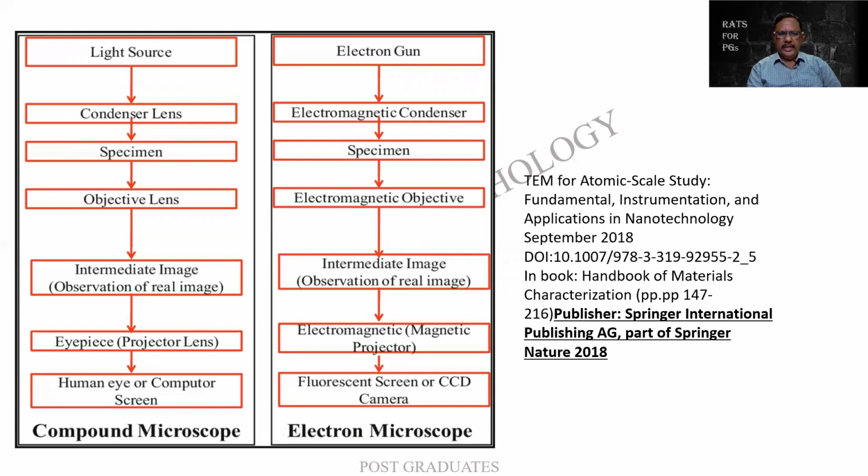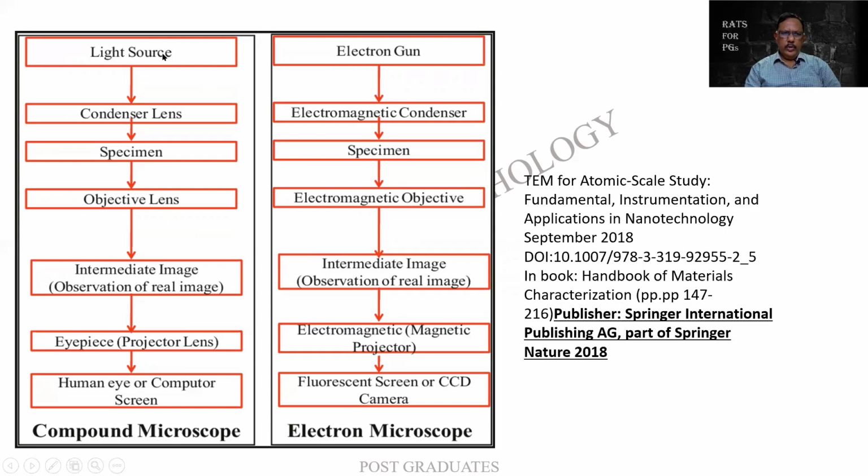My main intention here is the difference between the compound microscope and the electron microscope. The compound microscope is something that we are using routinely, and the electron microscope is something that we are going to deal with.